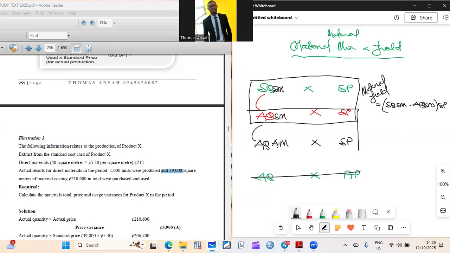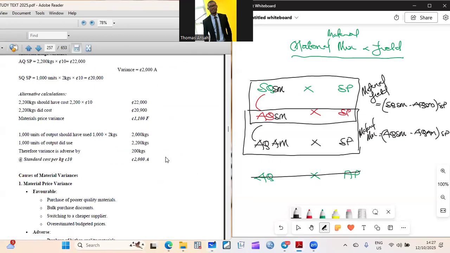Then the material mix variance will also be (AQSM - AQAM) multiplied by SP. So this is the formula. We are going to pick up a question and use this formula to deal with it. It is this same thing we developed in the table that you see here.